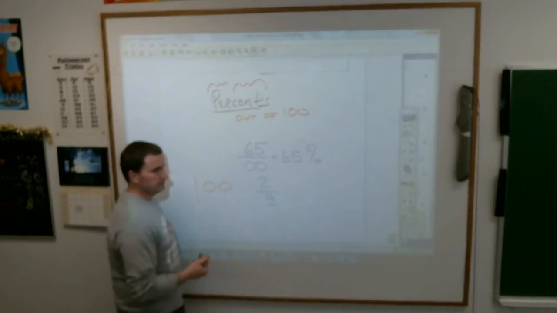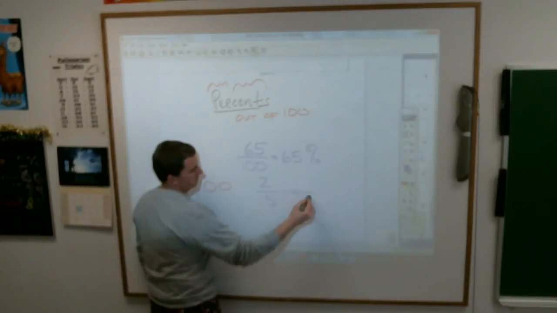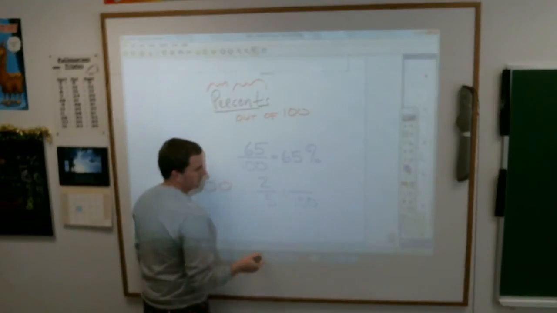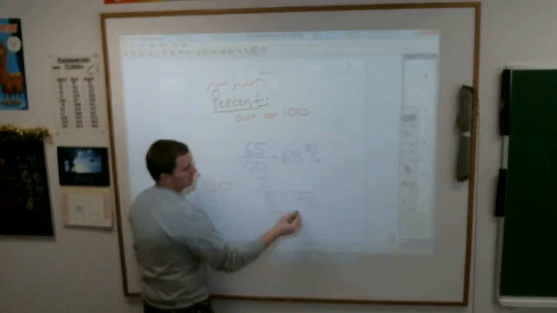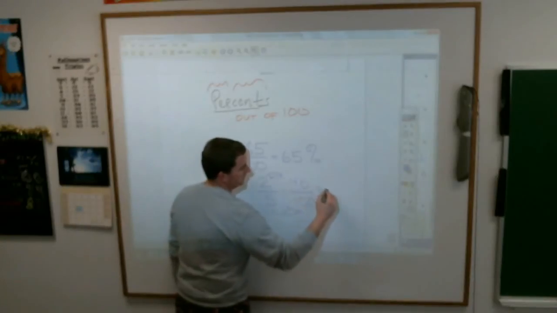Brooke? You would put 100 as the denominator, and then you would say that 5 times what equals 100 is 20, and then 20 times 2 equals 40. Right, so 2/5 would be 40%.